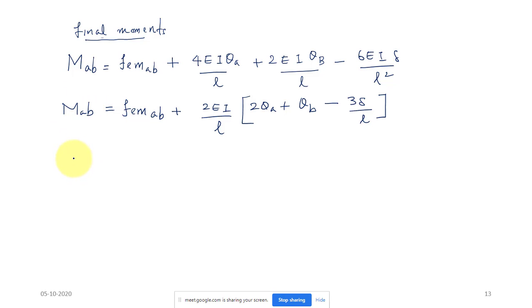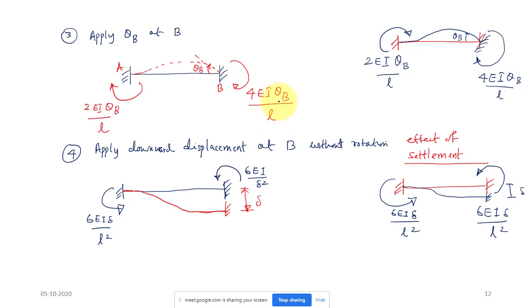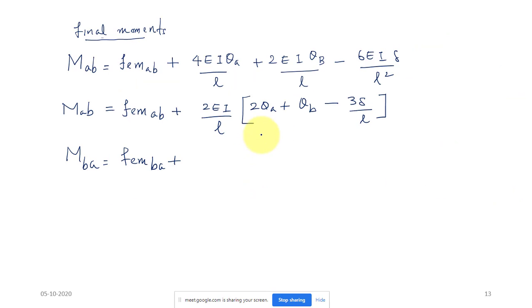Similarly, you can write the equation for MBA. So you will get FEMBA clockwise, plus 2EI theta A by L plus 4EI theta B by L, also clockwise. The theta B is the same, small letter or capital, don't get confused.